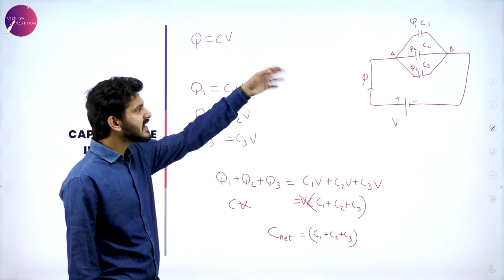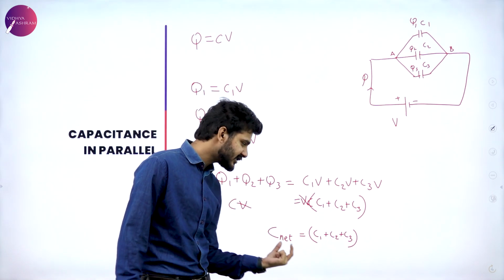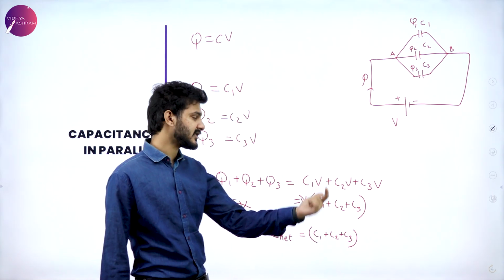That is, the net capacitance of that particular circuit will be equal to the algebraic sum of the individual capacitors.